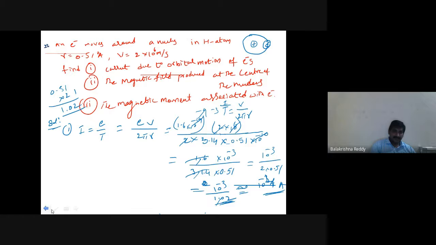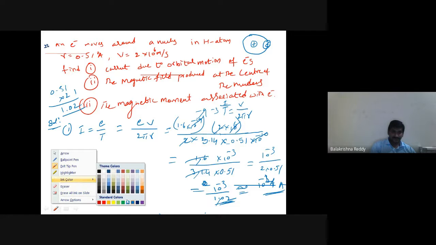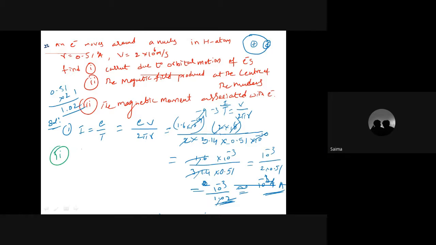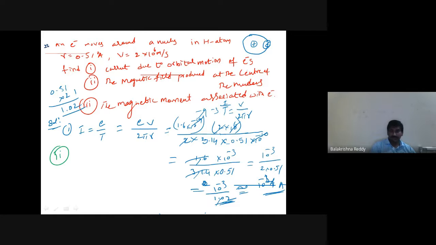Next, the second one: the magnetic field produced at the center.